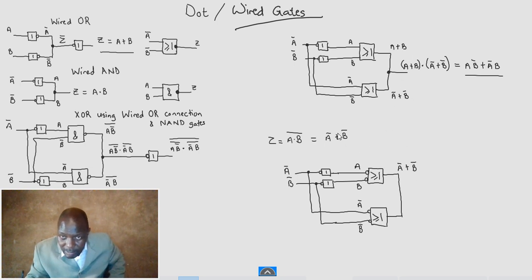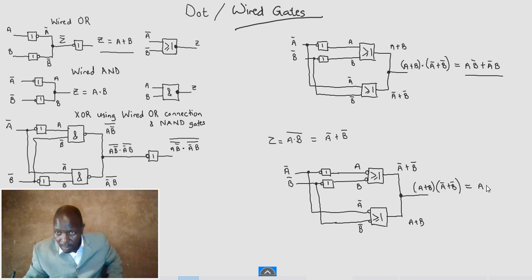It's now going the other side by putting inverters. These inverters here are going to make this A, O, B, because not A is inverted and it's a wired gate, and that there has to be A or B starting with the bottom, and not A or B, and we've seen how this is going to give us obviously our exclusive OR gate.